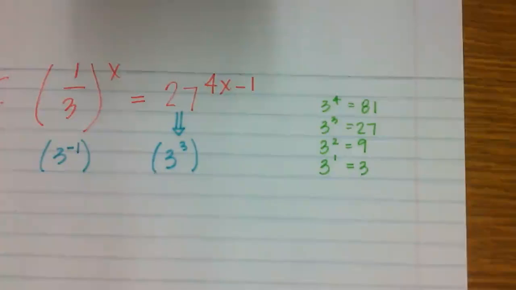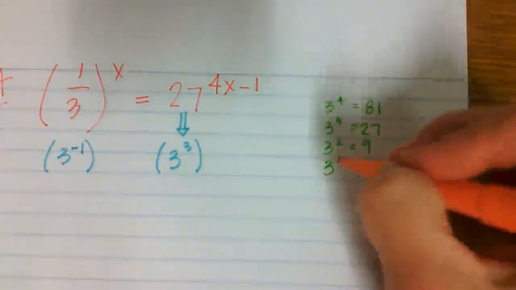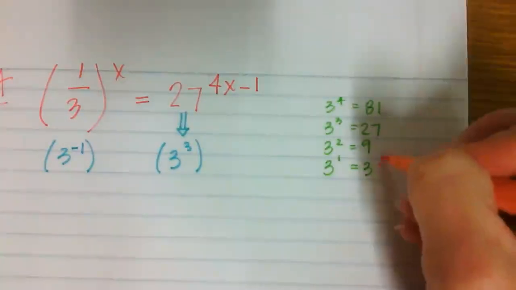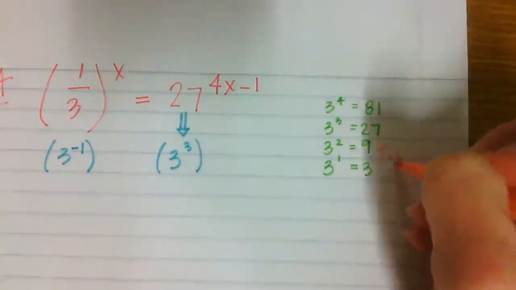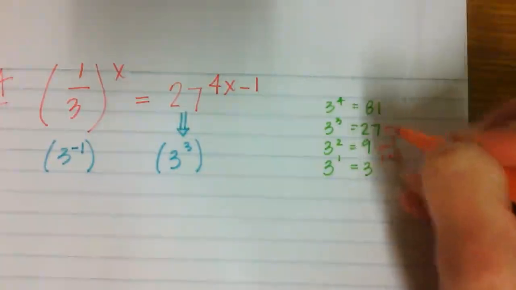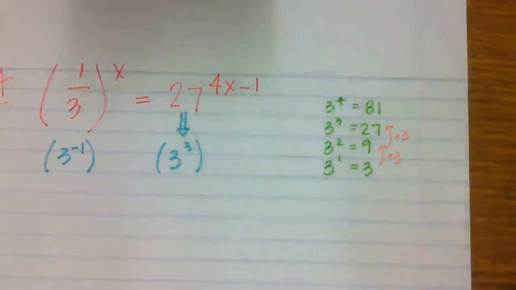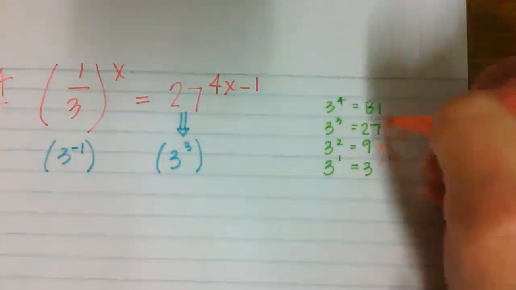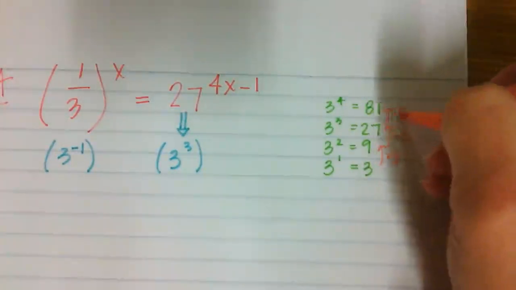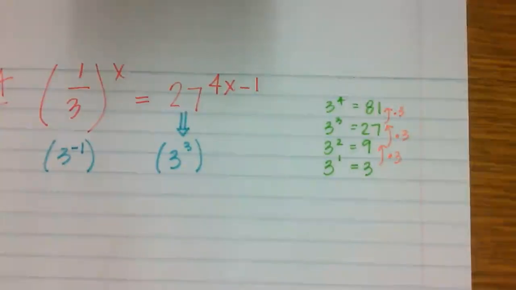So what's happening is that every time our exponent gets larger, we are multiplying by 3. We multiply that by 3, our exponent gets larger. We multiply this 27 by 3, our exponent gets larger.